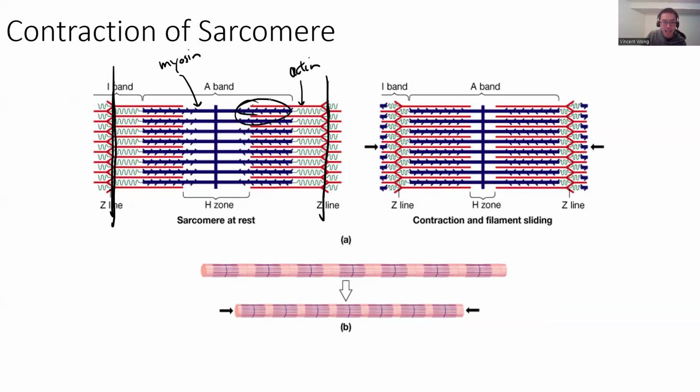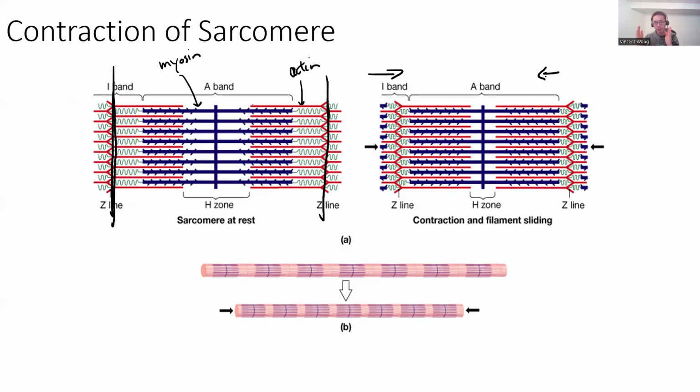The myosin have heads at the end over there, and what will happen? Think of me as the myosin: it's going to grab onto the actin on top and below, and then pull inward. It's going to let go and grab again and pull. By pulling, you are shortening the sarcomere.